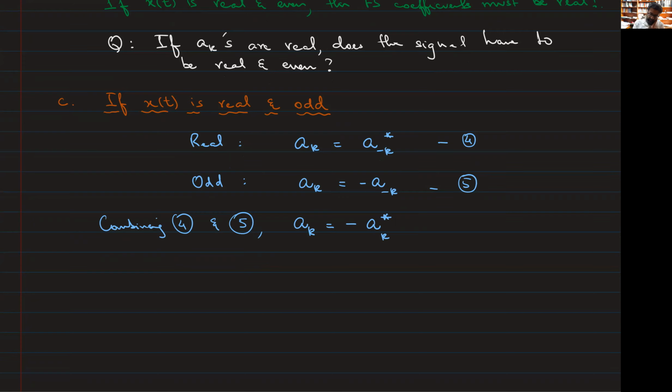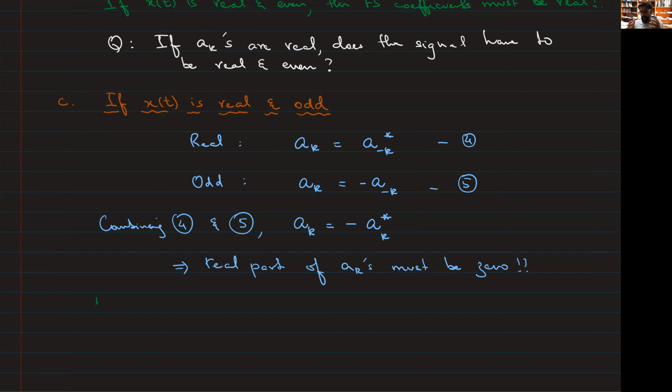So this implies that the real part of a_k must be 0, or they must be purely imaginary. If x of t is real and odd, this is what the condition should be.